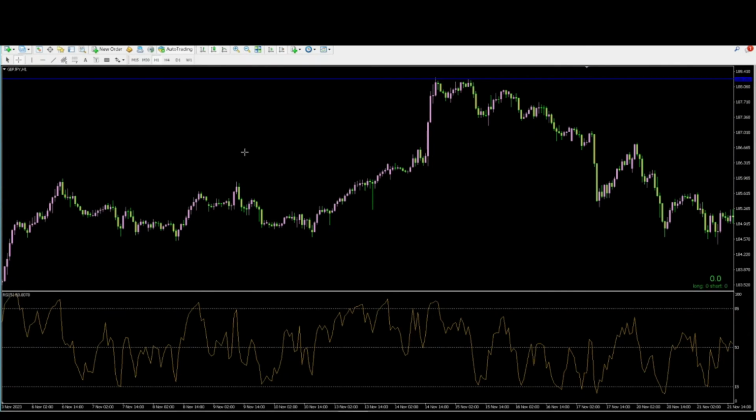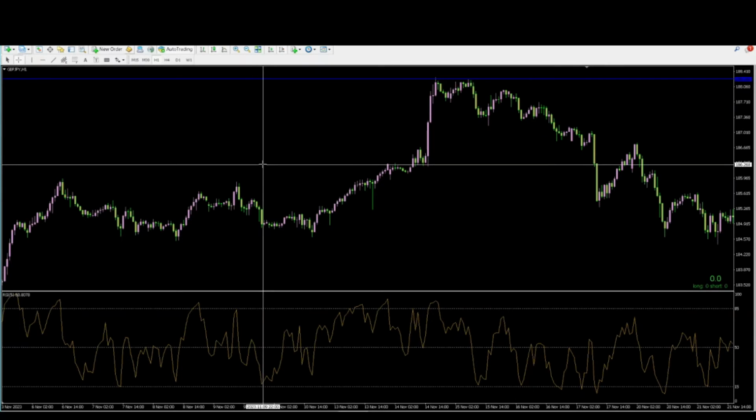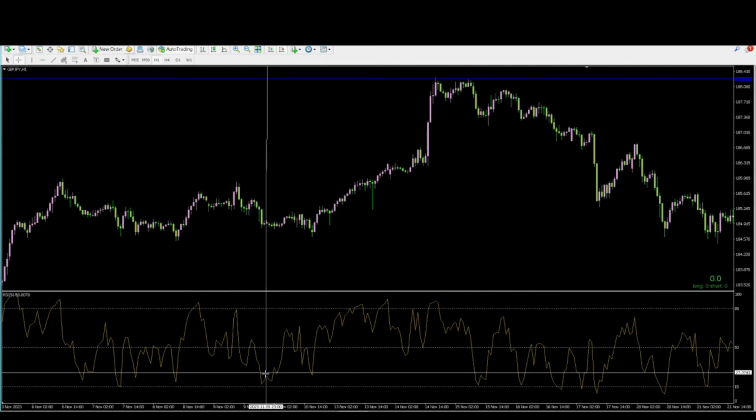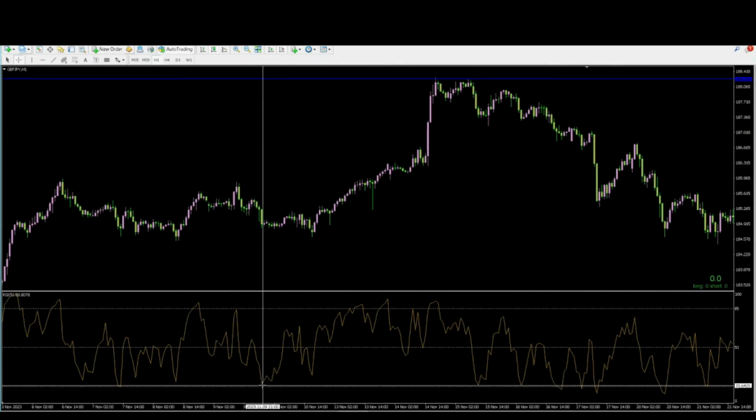So here's the example of the GBP JPY H1 chart. As you can see, price is making a lower low here, right? In this area we see a candle over here. Right here we see RSI at this level, close to 15.